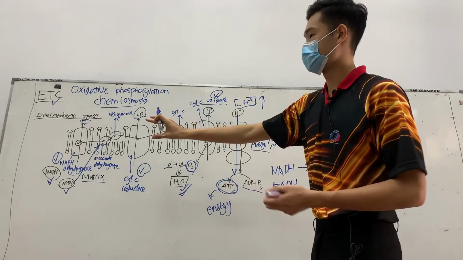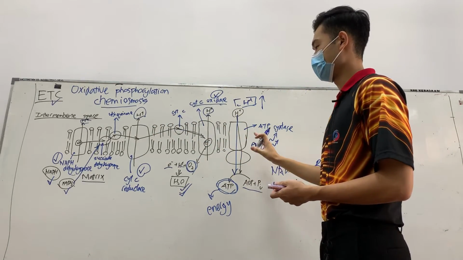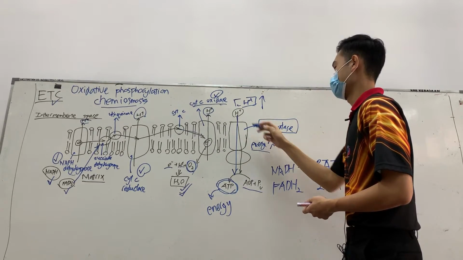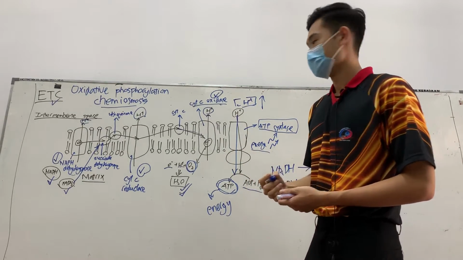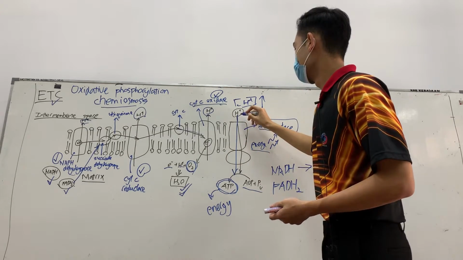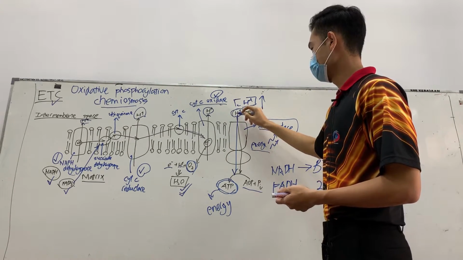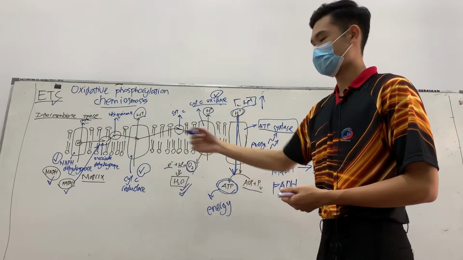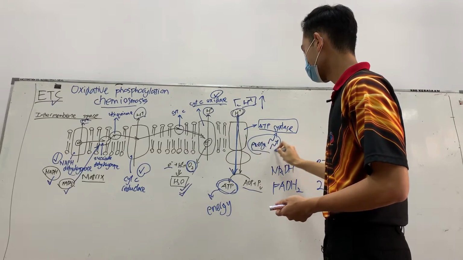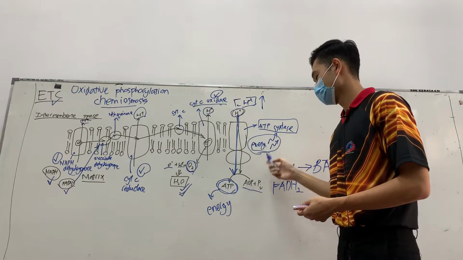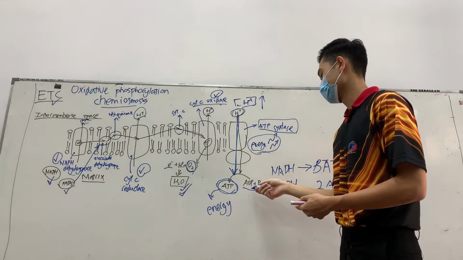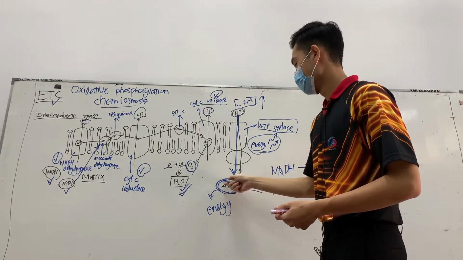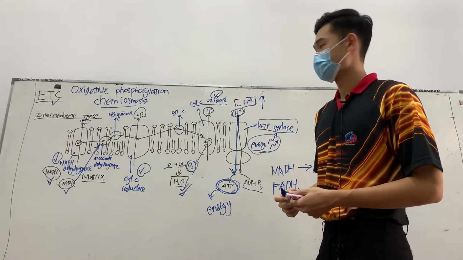However, across the cristae, only ATP synthase is able to let H+ ions move across. So the movement of H+ ions from the intermembrane space through the membrane and back to the matrix will produce energy. And this energy will be used to phosphorylate ADP plus inorganic phosphate to become ATP, which is the final product that we want.